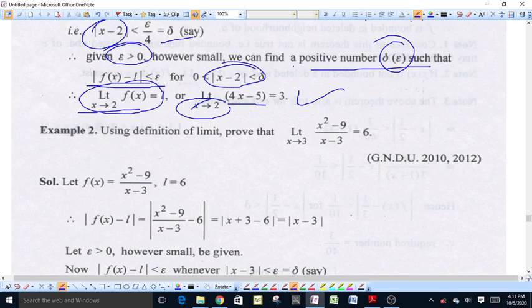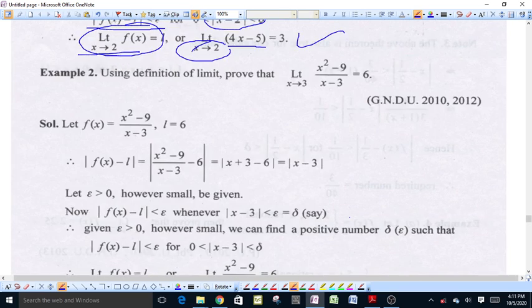Now, see this question. By using the definition of limit, we have to prove that the limit as x approaches 3 of x square minus 9 upon x minus 3 is equal to 6. Here f(x) is equal to x square minus 9 upon x minus 3 and L, the limit of the function, is equal to 6. Now, modulus of f(x) minus L is equal to modulus of x square minus 9 upon x minus 3 minus 6.